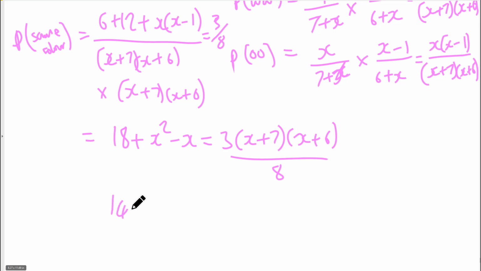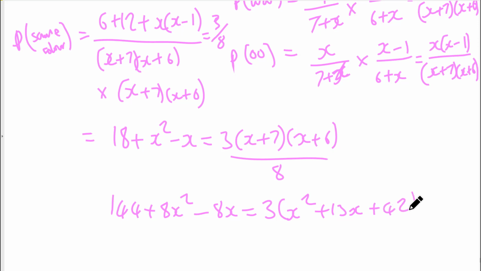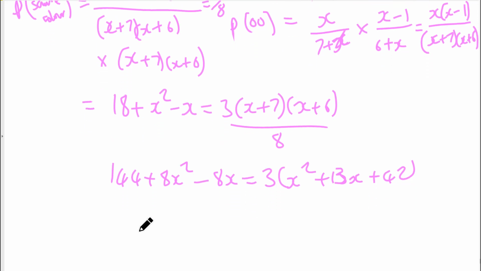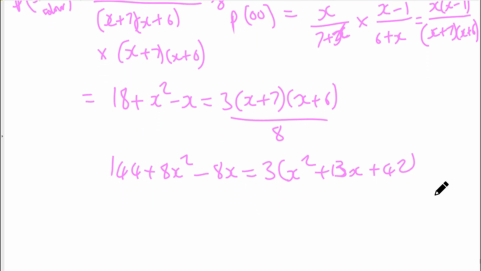So we're multiplying out by 8, 144 plus 8x squared minus 8x equals 3 times. We're going to need to expand this out. I'm just going to expand it out first, so that's going to be x squared plus 13x plus 42. Okay. Now let's expand it all out.